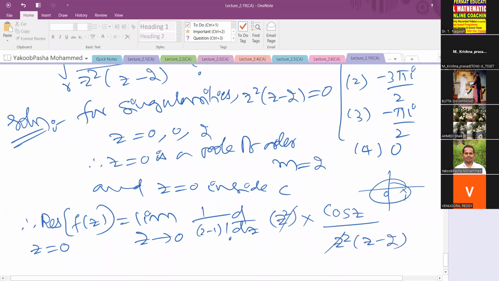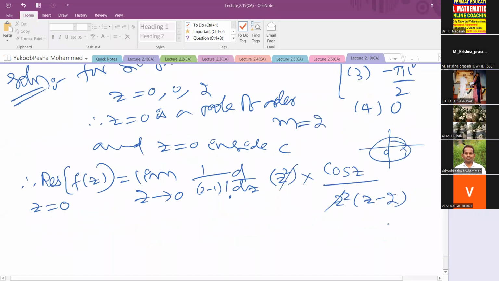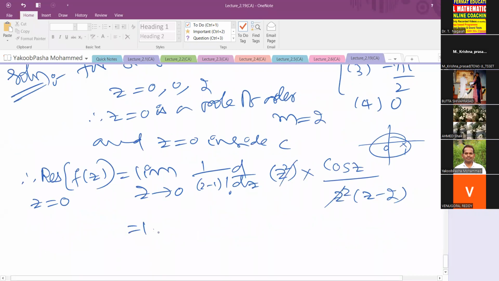So z square will be cancelled here. Now this is equal to limit z tends to 0 of the derivative of cos z divided by z minus 2.